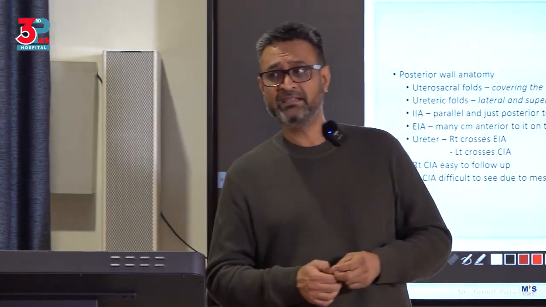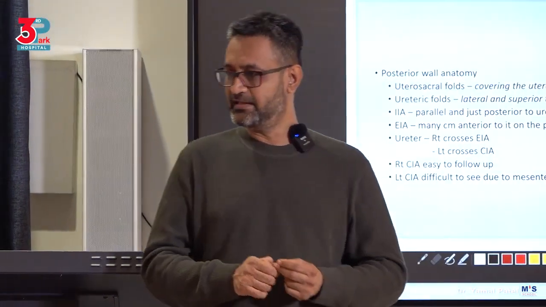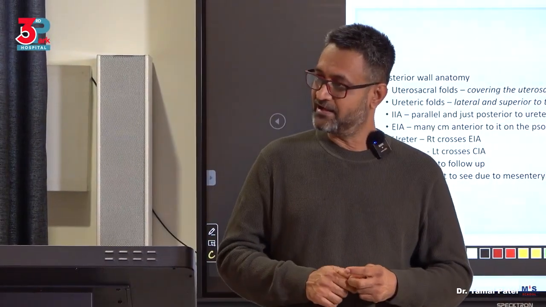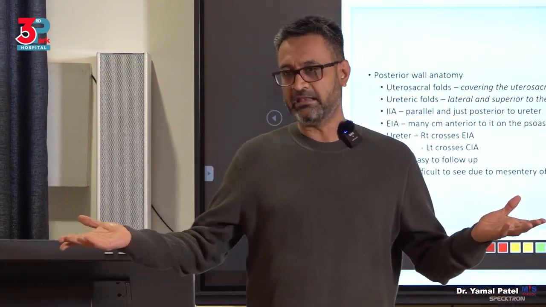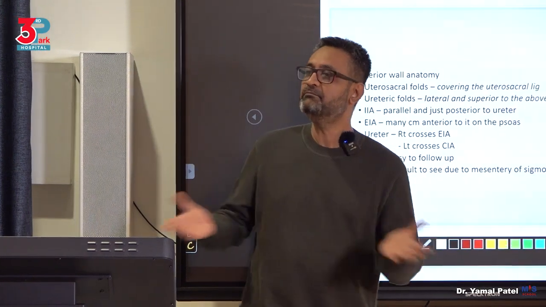In a normal pelvis, I may not need to go there. But if I don't know this, I will never approach that area. And the moment I approach that area without this knowledge, I'm going to be calling somebody every week saying, I've injured the ureter. So that's what I mean. It's very simple.